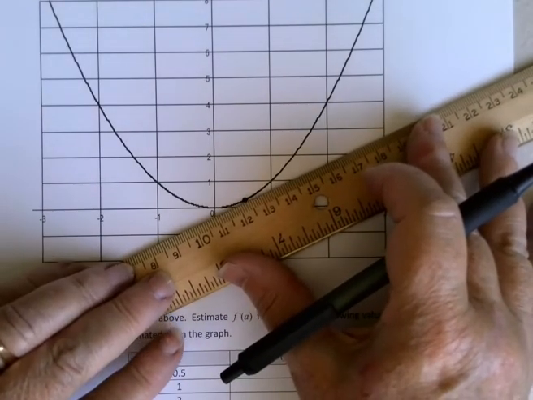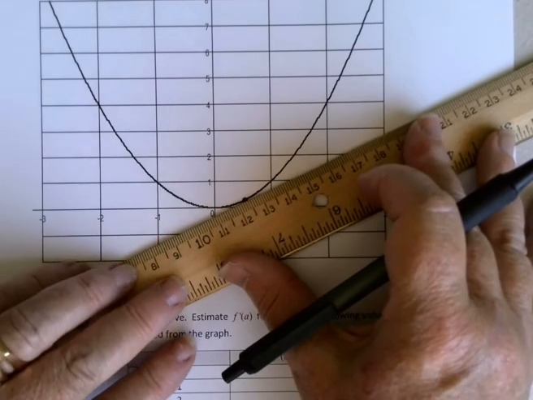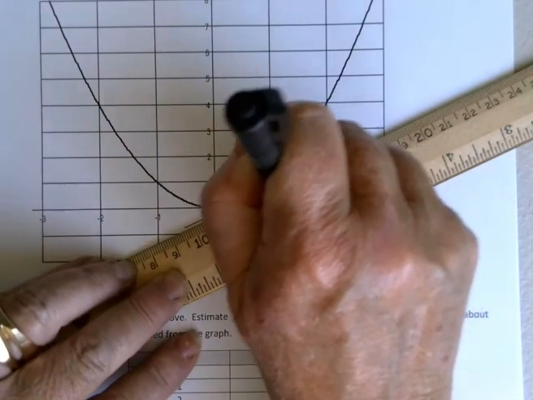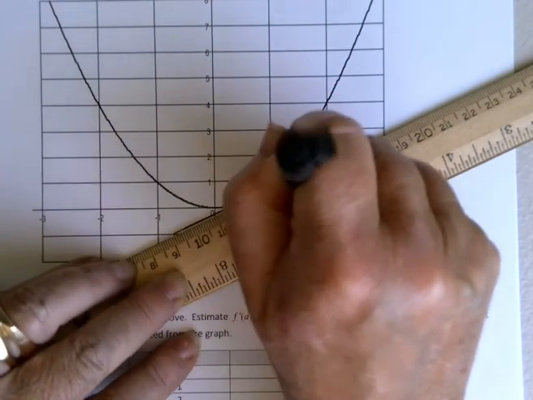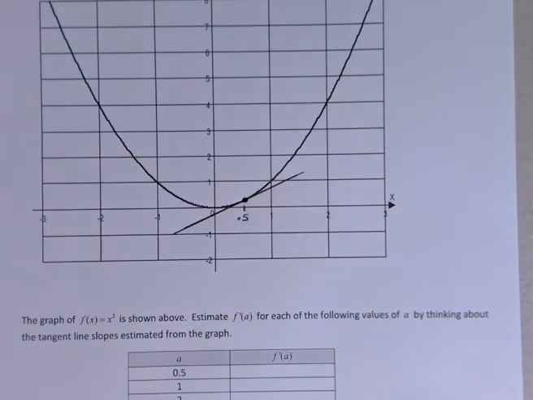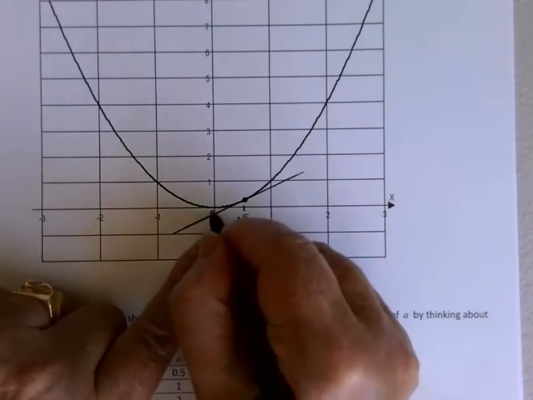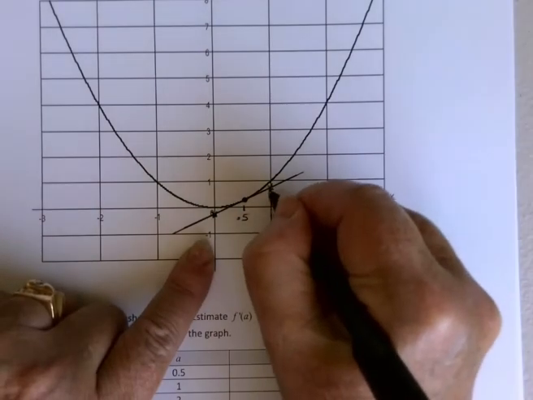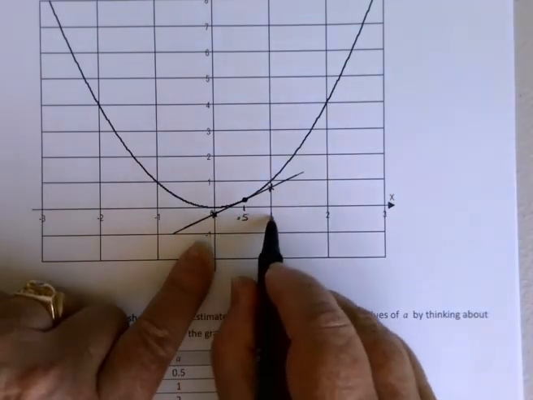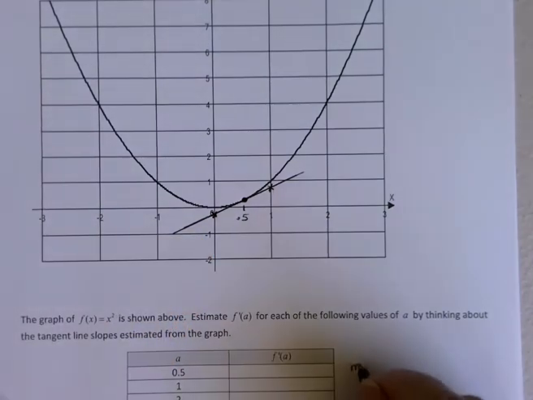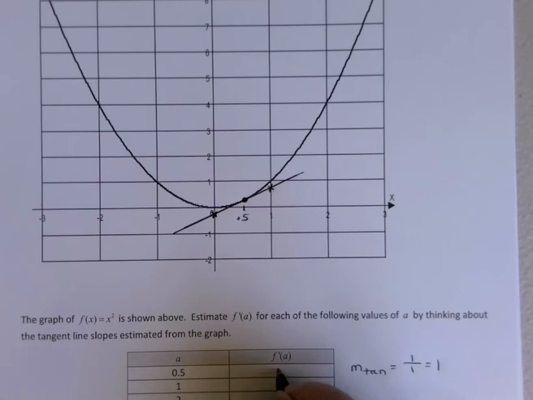I'm just going to try and line up my ruler so that it looks like I'm drawing a line that's pretty close to tangent, just touching the curve at that point, but not really cutting through it. As I look at that line, I'm going to notice that to go from, say, this point to this point, looks like I've pretty much gone over 1 and up about 1, doesn't it? So I think my slope is 1 over 1, or 1. And so I'm going to say I think that's the derivative at a equals 0.5.